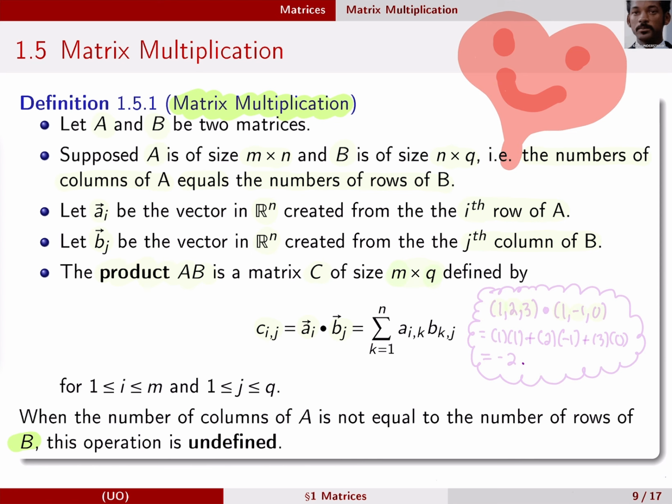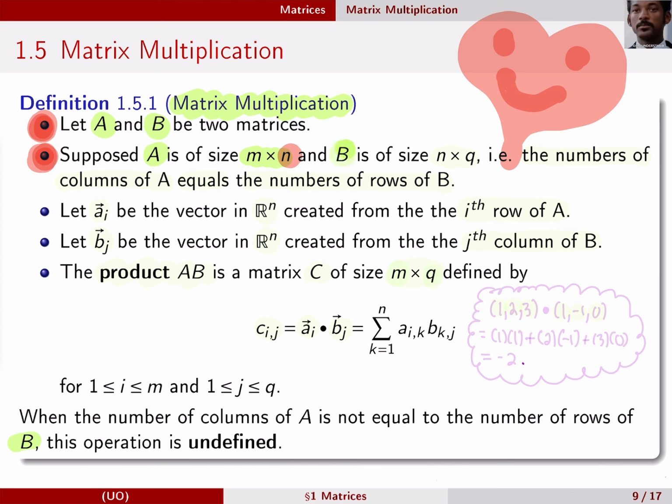First, you're going to start with two matrices, A and B. For the matrix multiplication to be defined, the first matrix, A, suppose the size of that matrix is m by n, so m rows and n columns.